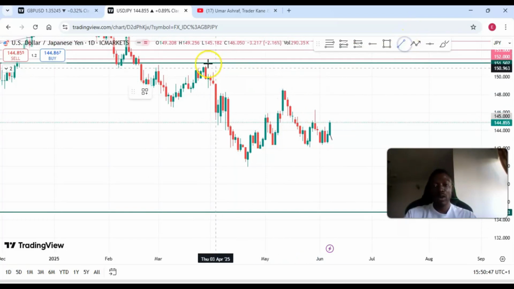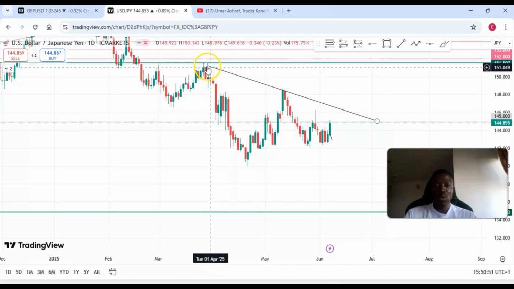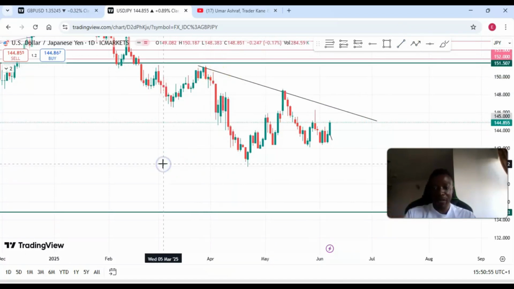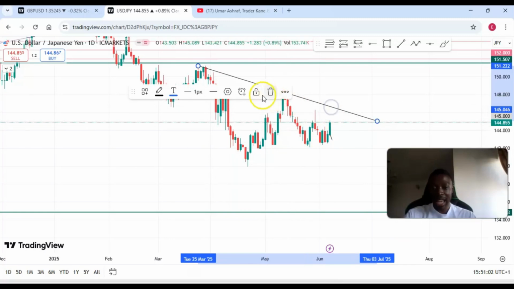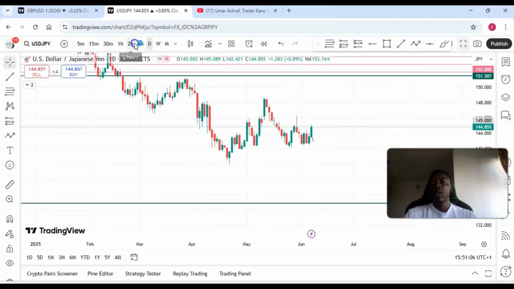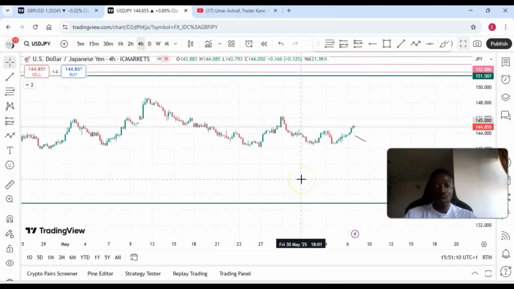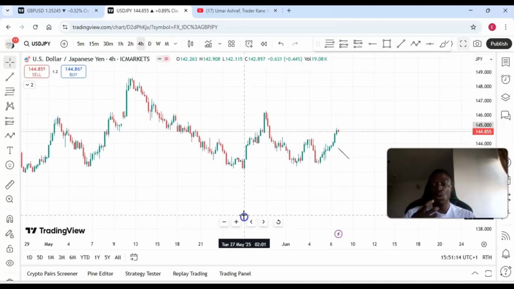So if I draw a trend line on this 1 day time frame, the market is more likely to respect this trend line than on a 4 hour time frame and than on a 1 hour time frame. So the higher the time frame, the stronger the trend line, and trend line works on all time frames based on the type of trader you are.